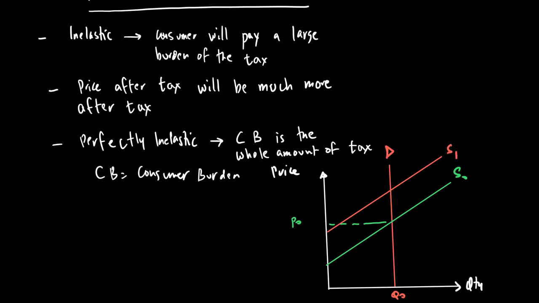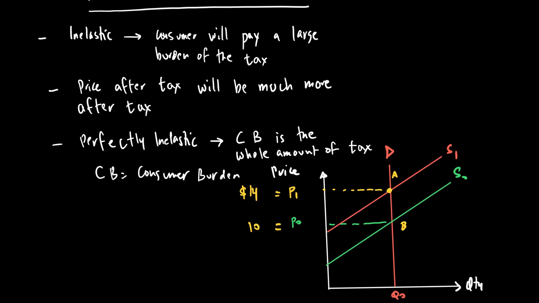So the new supply curve will be S1, and the new price is, for example, P1, where this distance AB is the amount of the tax. So let's say if the price was $10, the amount of the tax is $4. So 10 plus 4, I reach P1, which is 14. And this P1 of 14 is also my new equilibrium price.